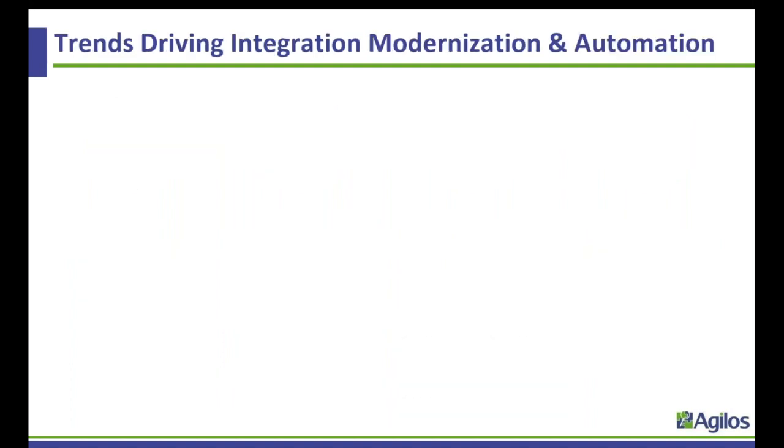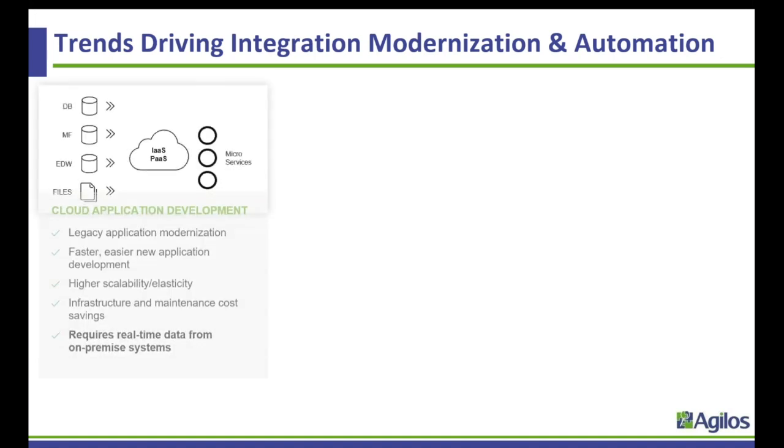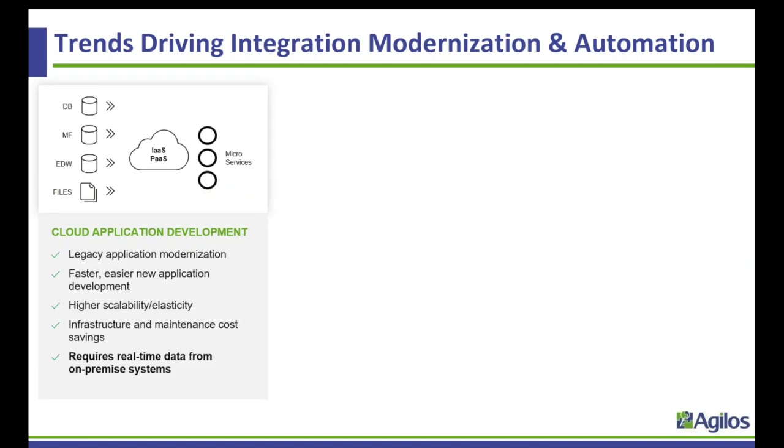Maybe a few details on the specific modernization aspects that I have discussed before. One of them is cloud application development. This is one of the things that you really want to do with modernization. Before, if you wanted to access data, you had to be connected through VPN to a system, access the data with a query tool, and get the data in a report.